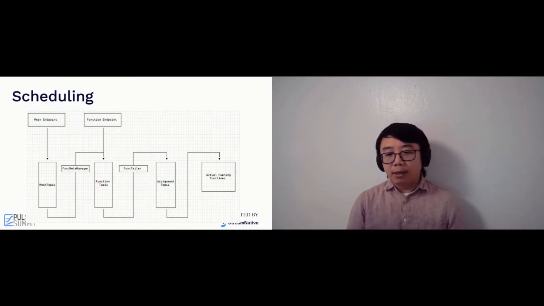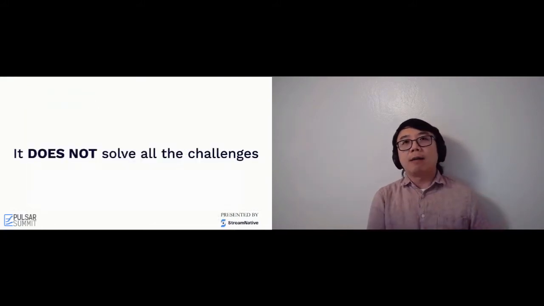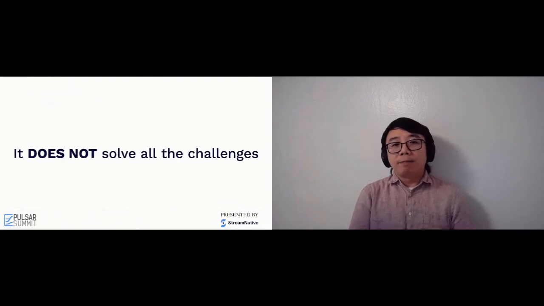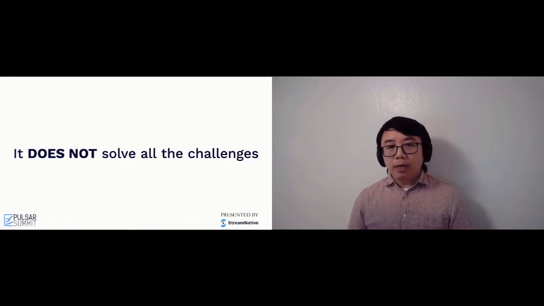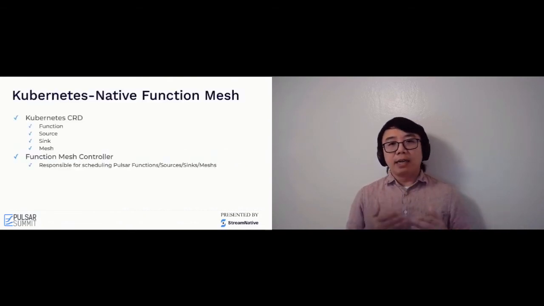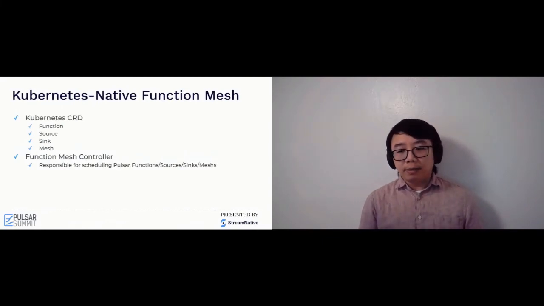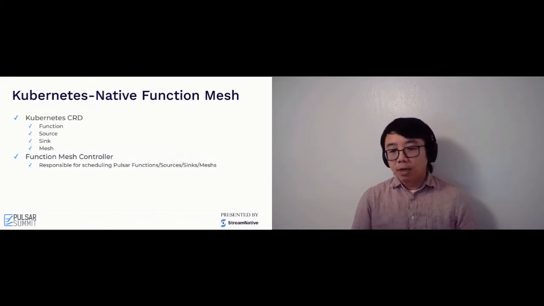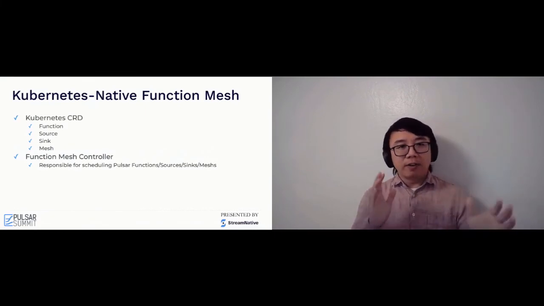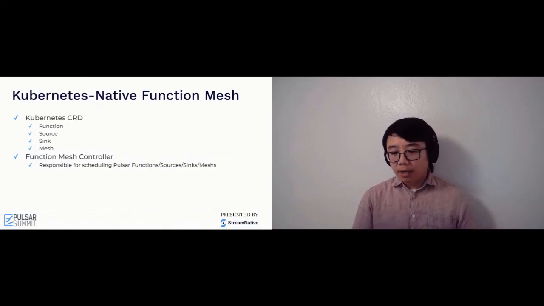It actually makes the implementation much more complicated, because it can solve the mesh problem, but it doesn't solve the problem that we have seen when running Pulsar on Kubernetes. So we kind of stepped back and thought about, if we want to make Pulsar Functions really successful on Kubernetes, in the cloud native ecosystem, then we may need to adjust our thinking here.